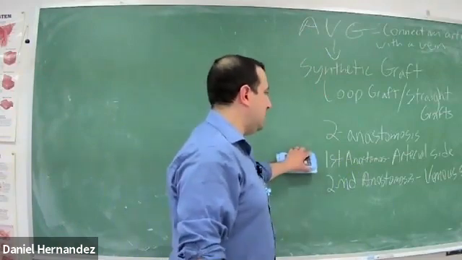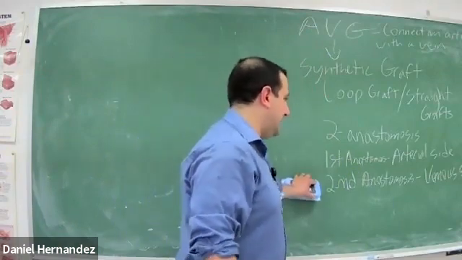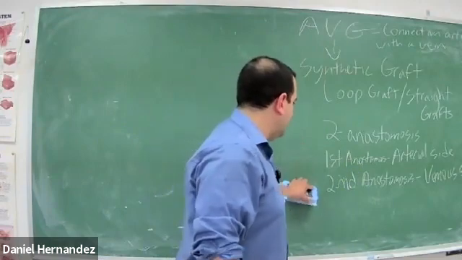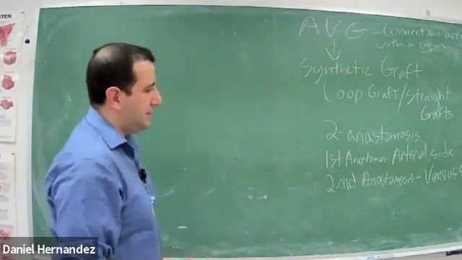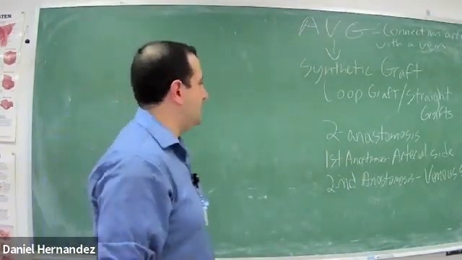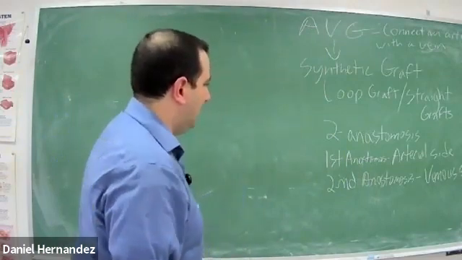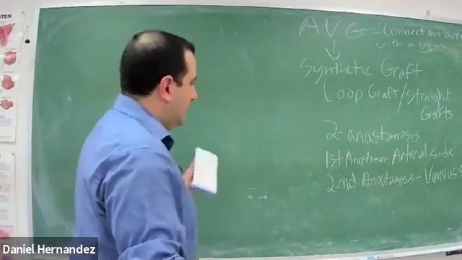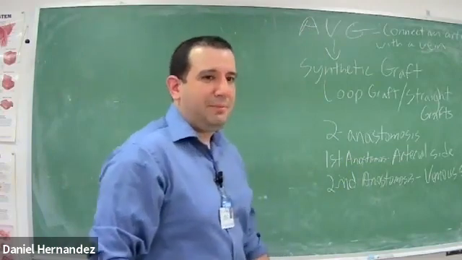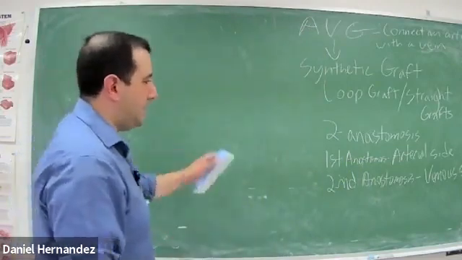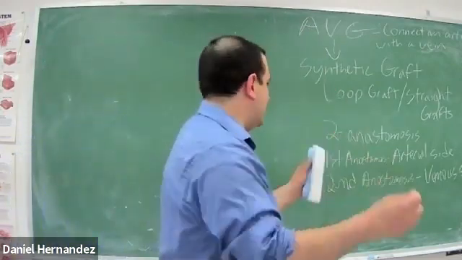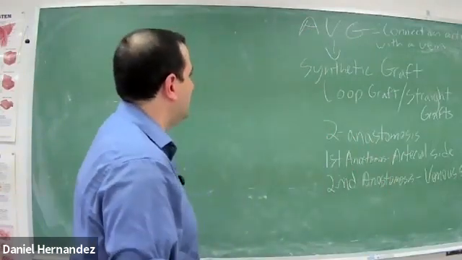So you want to see that arterial connection. You want to image that venous connection as well, because that's where stenotic lesions could potentially develop at the anastomoses of the graft. Typically, you should have the same velocities throughout the entire graft because they don't really dilate or change in size.